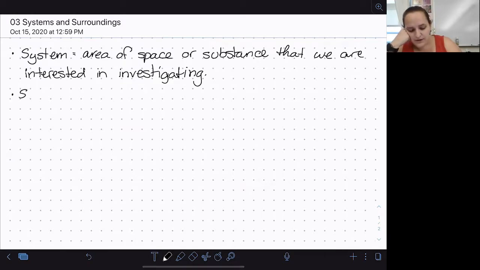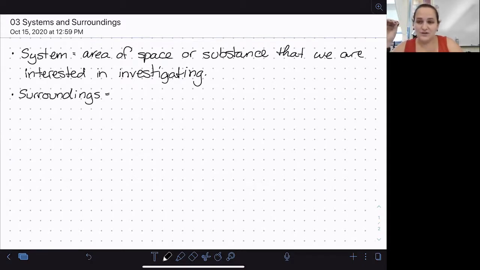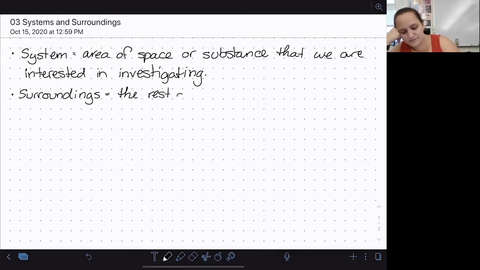The surroundings is defined as literally everything else. So the thermodynamic definition of the surroundings is actually the rest of the universe. So this is very literally the rest of the universe except for the system.